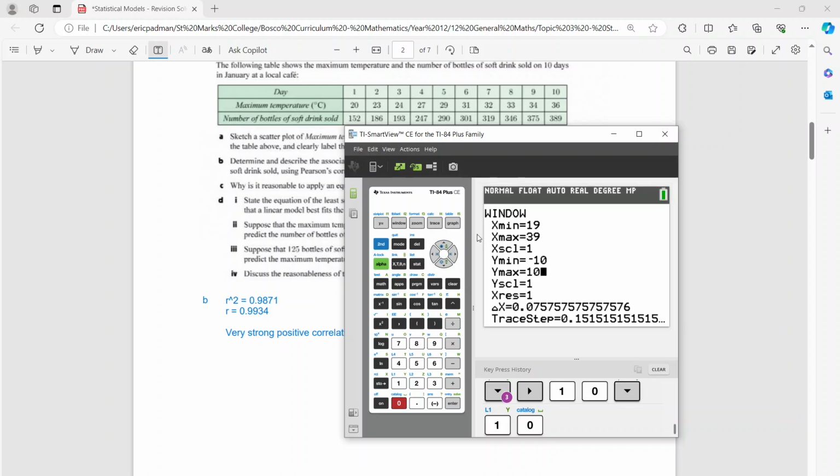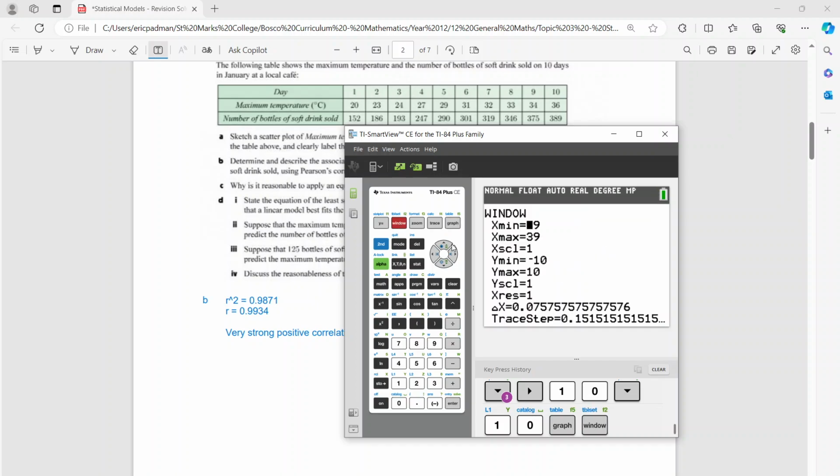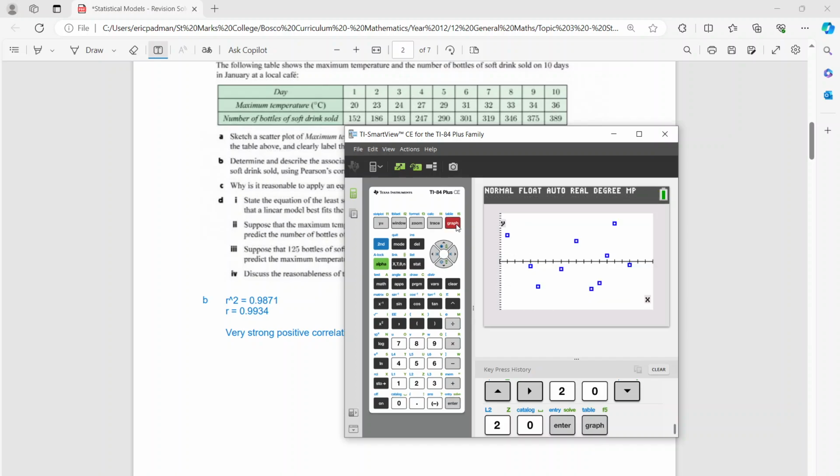Make sure you can see all your data points. We have to go larger than that. Window -20 to 20. Okay, we can see them now.